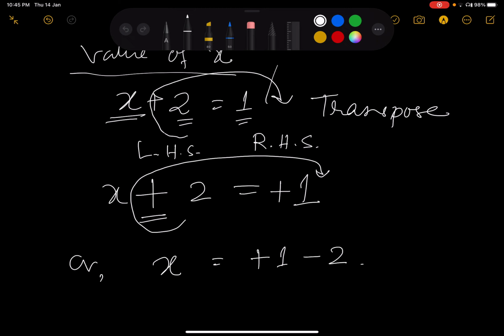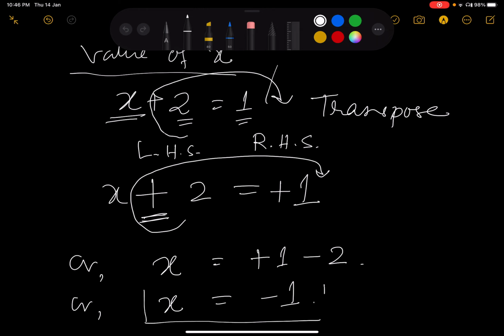In this way, the sign of plus changes to minus when this quantity changes side from the left hand side to the right hand side. Now we can write x is equal to minus 2 plus 1, that means it is equal to minus 1.